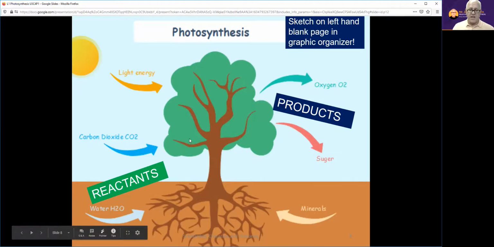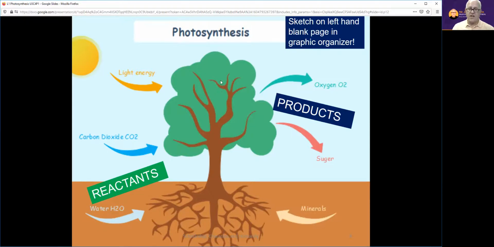The plant leaves, or the tree leaves, absorb or take in carbon dioxide gas through stomata, which are these little tiny holes in the leaves. It also takes in light energy into the chlorophyll inside the chloroplast.